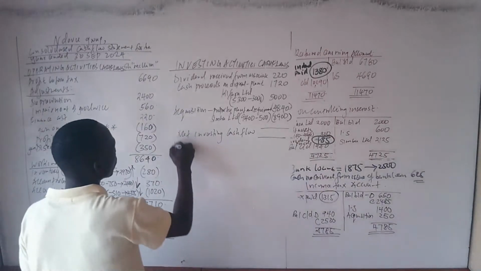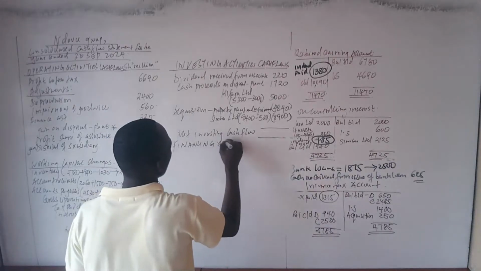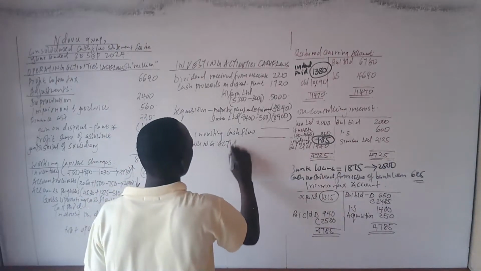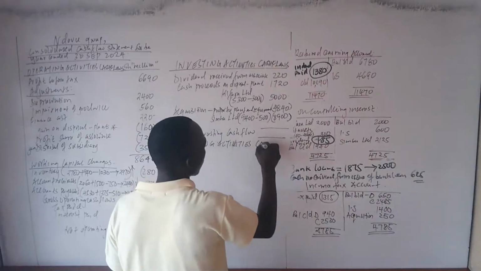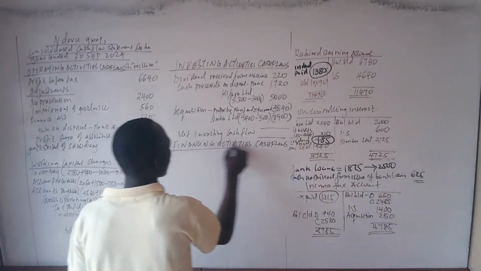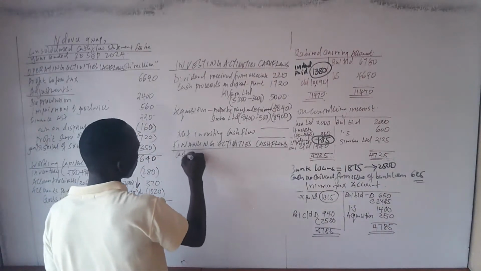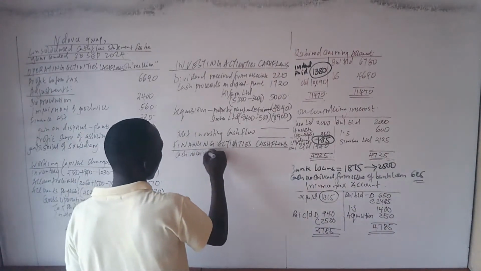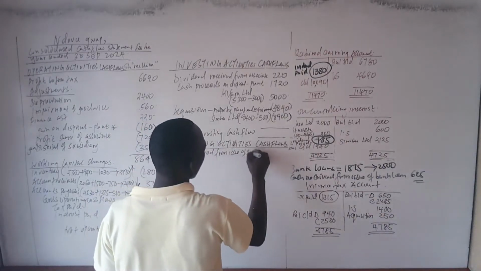Then from there we go to the financing activities cash flows. Under financing activities cash flows, we have cash received from issue of shares.